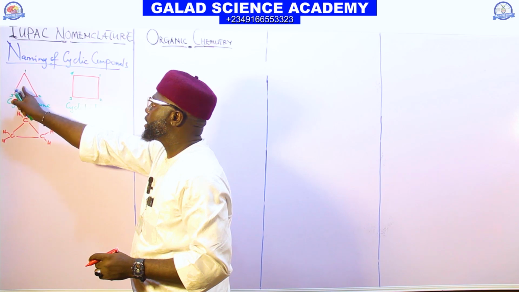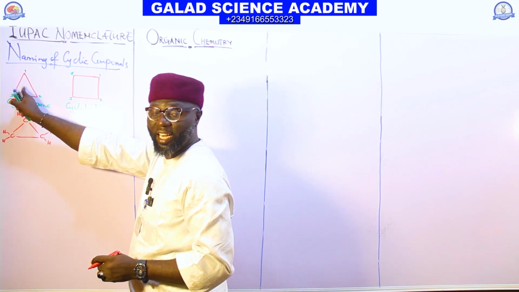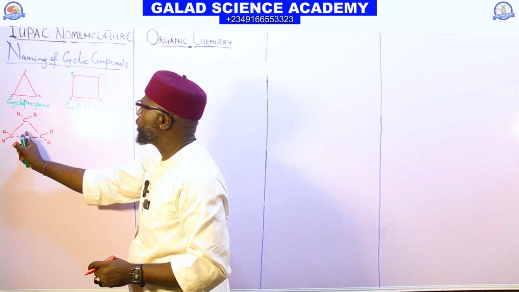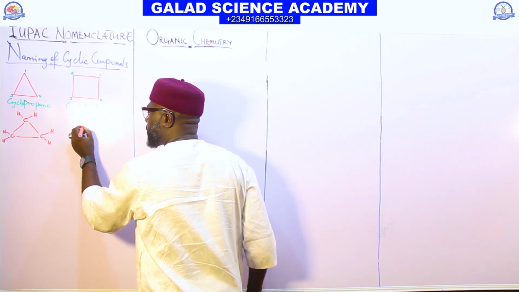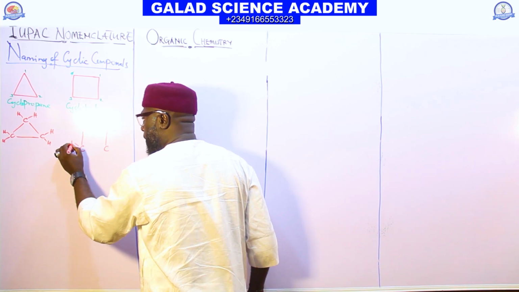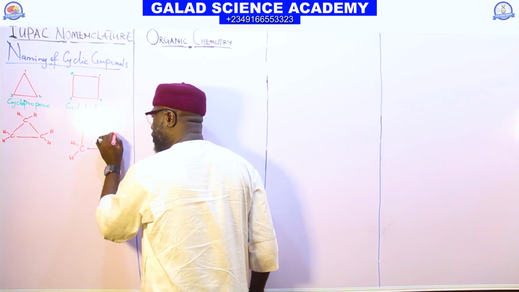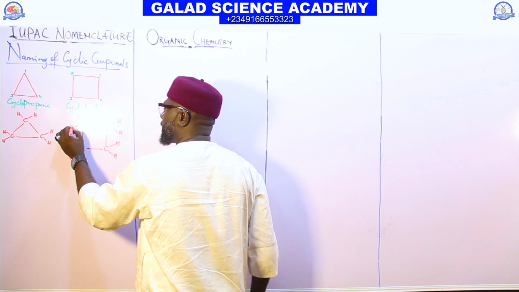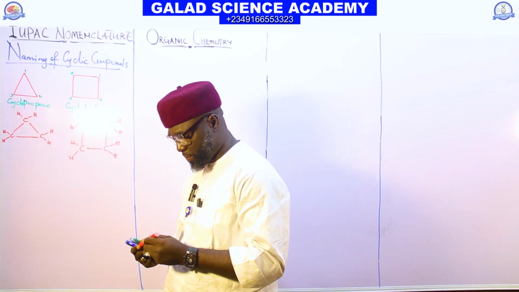But this one is the skeleton or borderline structure, and this is the real structure. Likewise, this one can also be in this form if you want to show the real structure. But for convenience, I won't draw it in this form again. I'll be using this borderline for them.